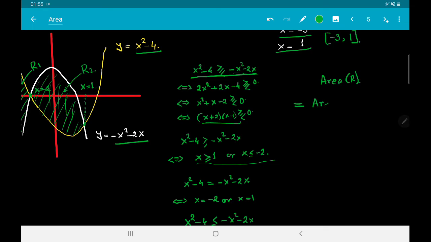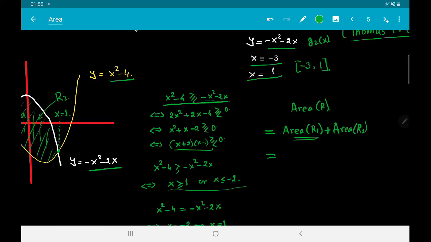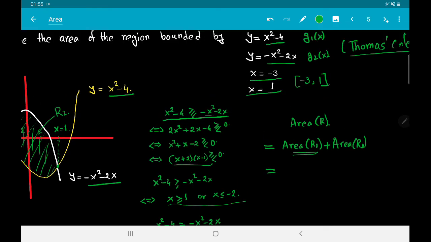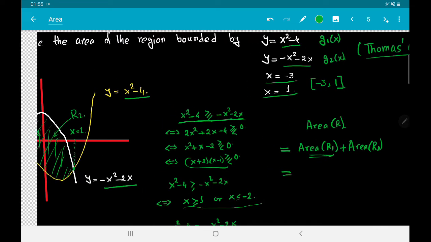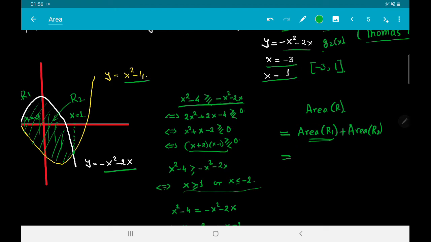So this is equal to area of R1 plus area of R2. To compute the area of the region R1, we have to look at which function is bigger here, and we have seen that the yellow graph lies above the white graph. That means that this function y equal to x square minus 4 is bigger.